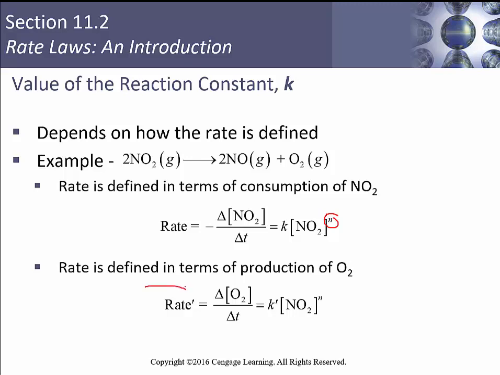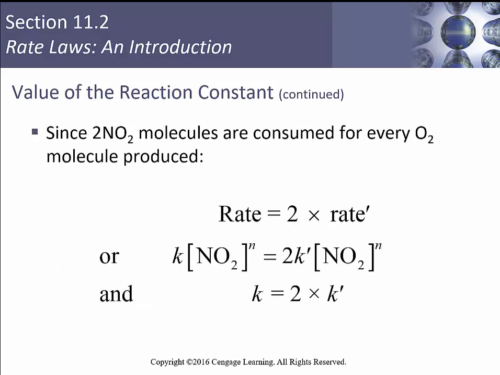So we're going to say rate prime, and that prime just means we're looking at it from a different perspective than we're used to. So we could say our rate prime is going to be from the oxygen's perspective, and it's going to be some value K prime times NO2's concentration to the n order. Since 2 NO2 molecules are consumed for every O2, our rate is going to be twice the prime rate.